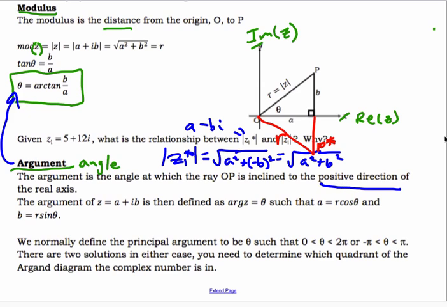So let's say this angle here is pi over 4, like 45 degrees, because it makes a 45-degree angle with the x-axis, or the real axis. Now if you have an angle over here, we would normally consider this to be negative pi over 4. It's the angle it makes with the real axis.